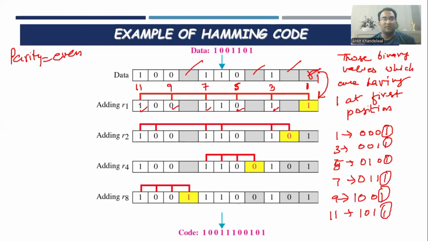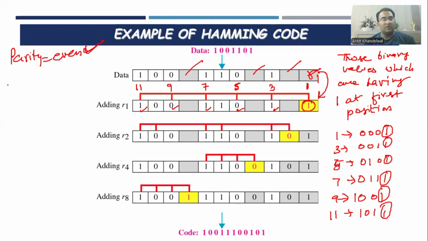So the total number of ones is 3. Now what will be the value of this redundancy bit? This redundancy bit will be equal to 1, because we want an even parity.